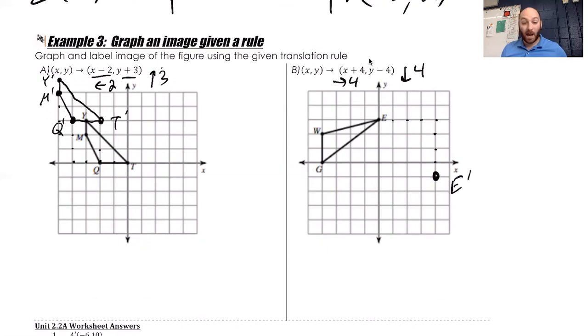Here's E prime. Again, label with prime. W is going to go 1, 2, 3, 4, 1, 2, 3, 4. There's W prime. And then G goes 1, 2, 3, 4, 1, 2, 3, 4. G prime. Should be an exact copy now.